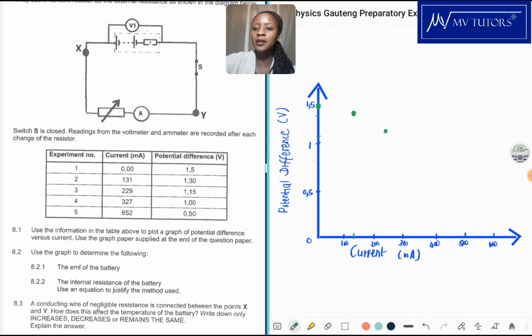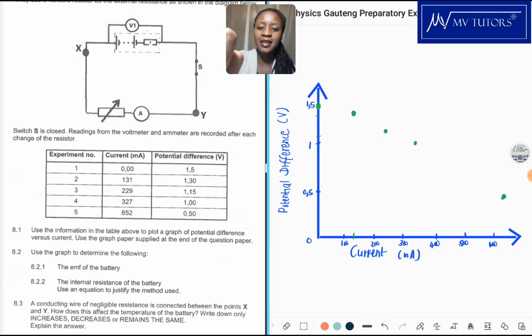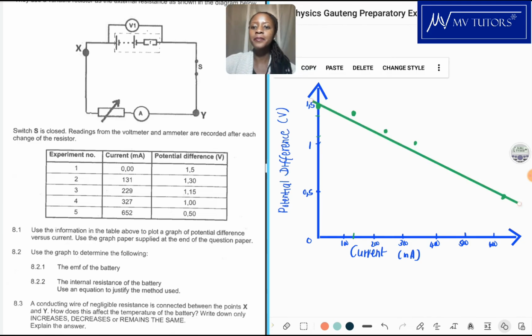And then finally 652 and 0,5. So maybe it's somewhere there. Okay, and then we're going to plot a line of best fit. I would want my first and my last points to be part of that line. So yeah, that is our line of best fit, guys. We tried, hey.